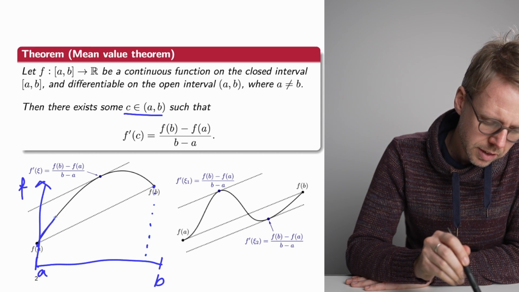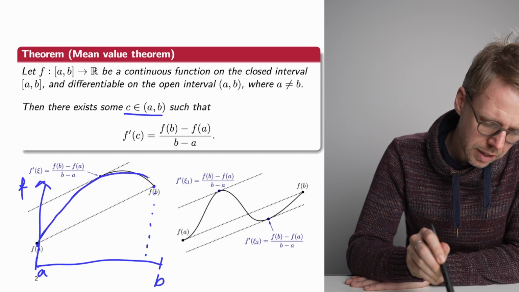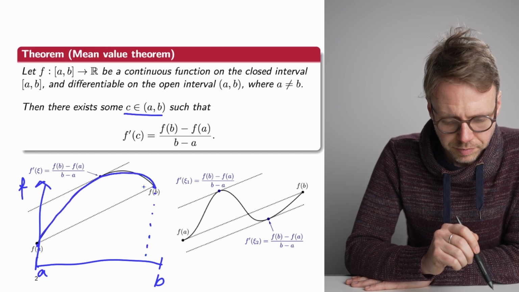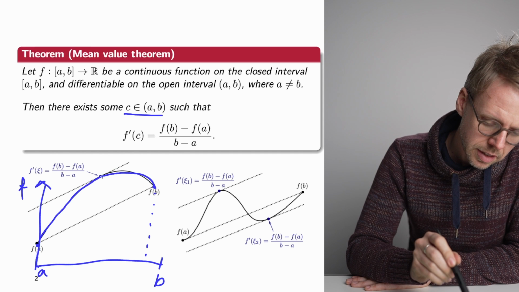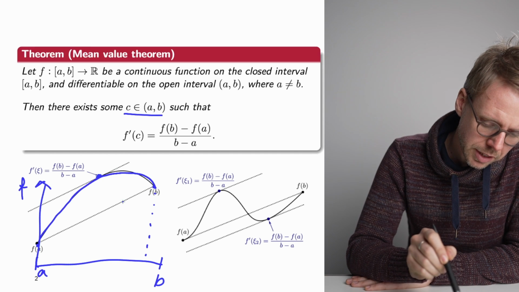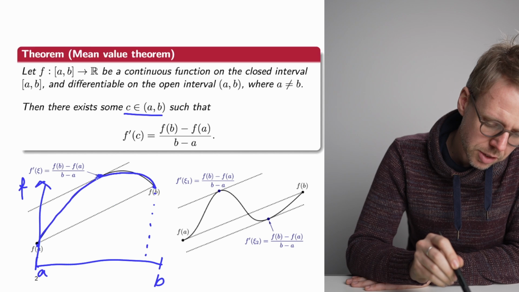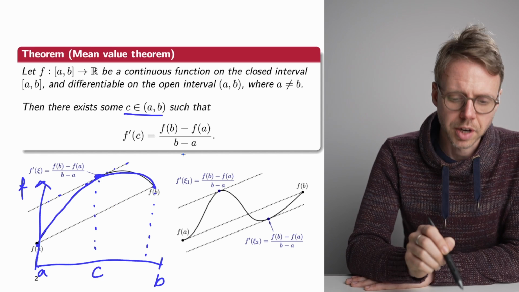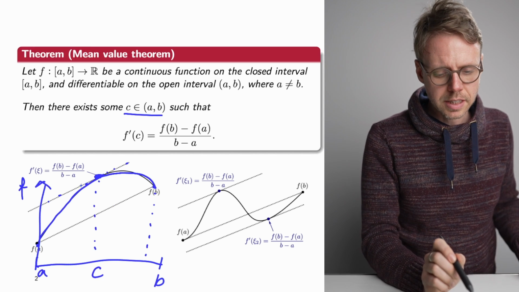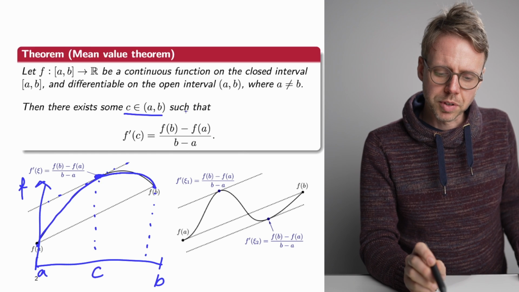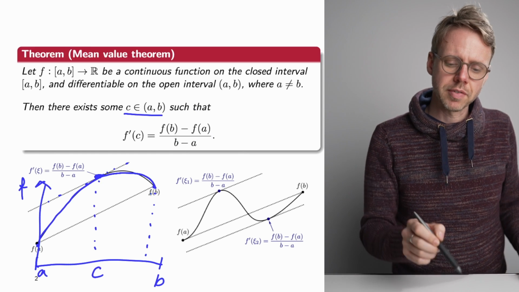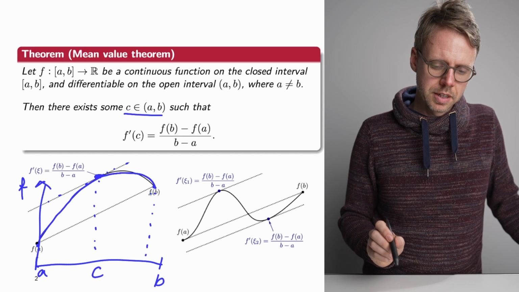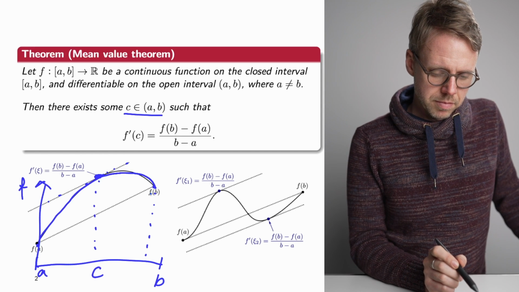And this is the function between a and b. And somewhere between these two points, there needs to be a third point where the derivative at this point equals the ratio between the difference in the function values and difference between a and b.